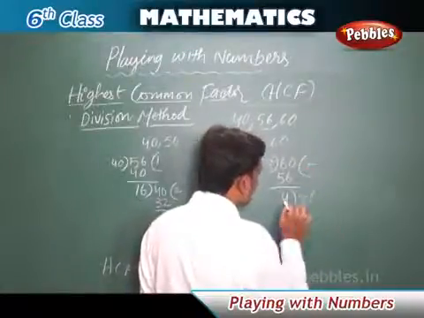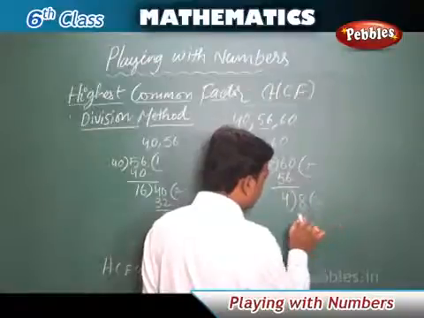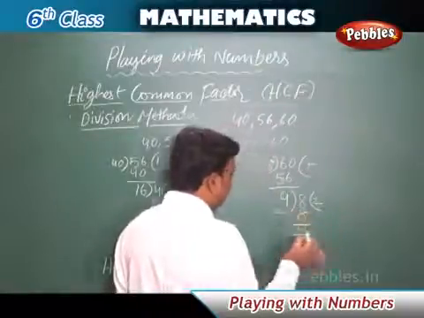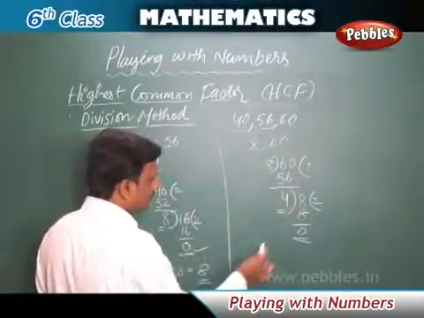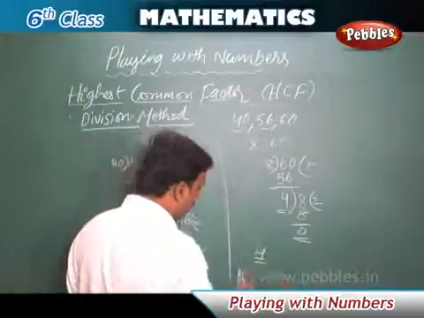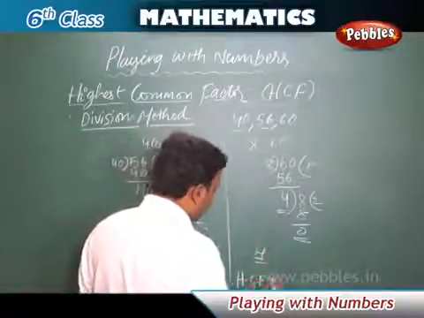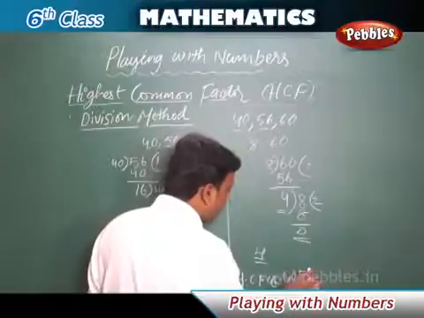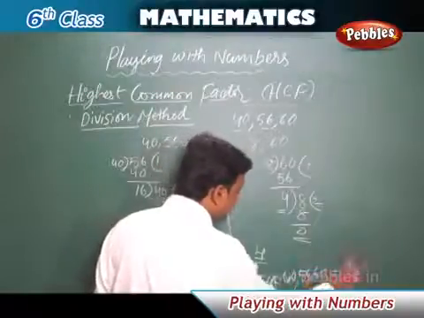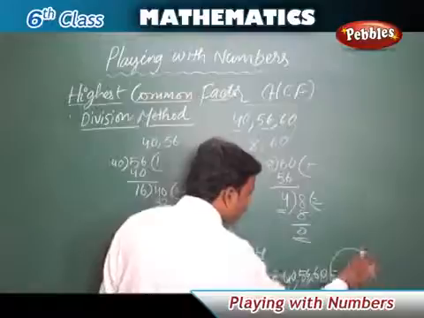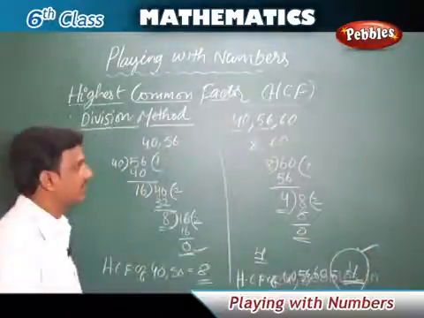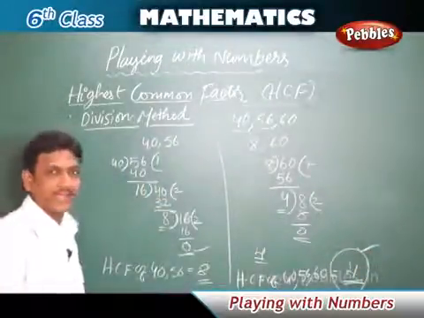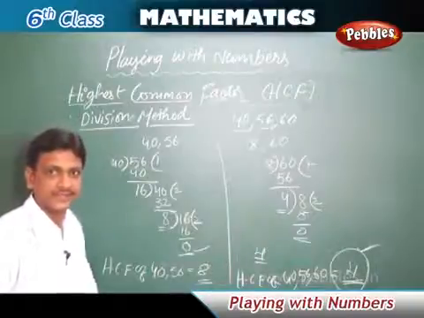Again divide the 8: 4 2's are 8, remainder 0. So the HCF of 40, 56 and 60 is 4. This is the division method of finding the HCF of the given numbers.